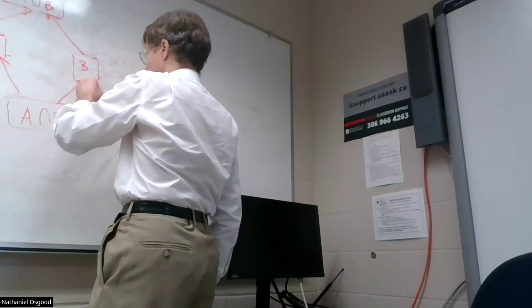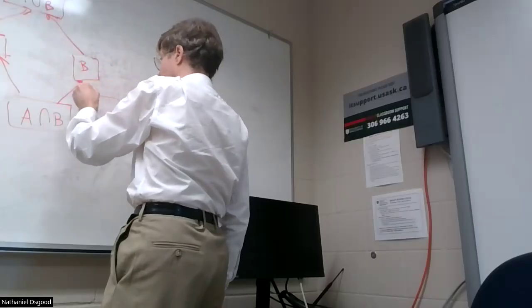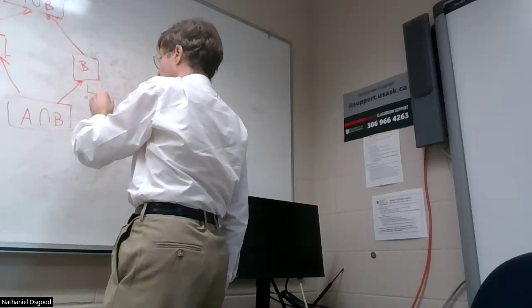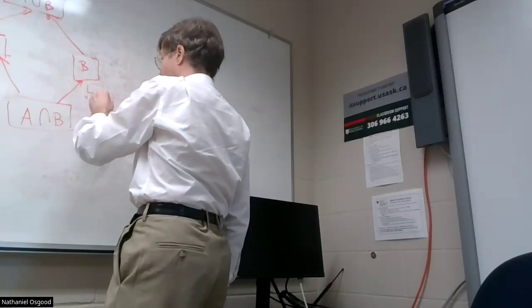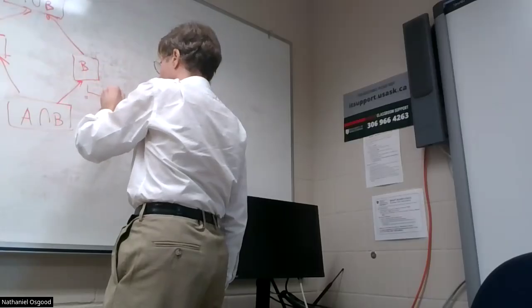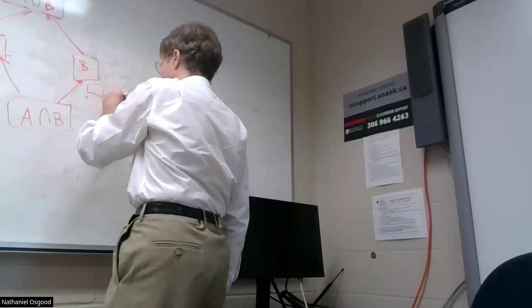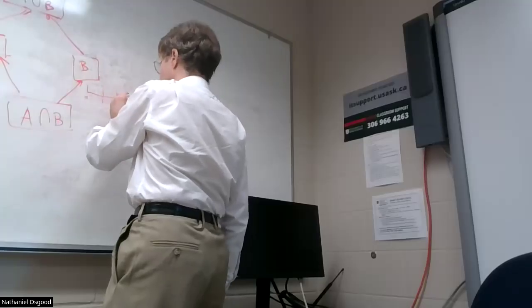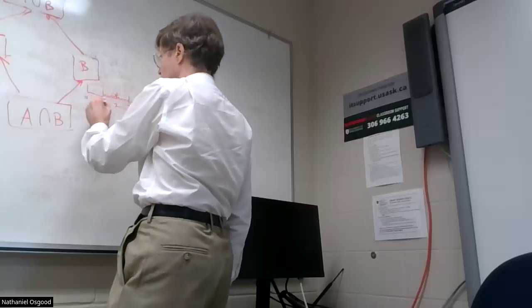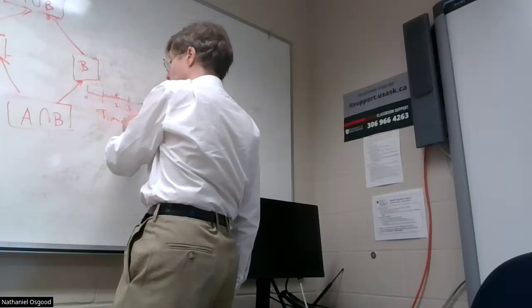So maybe we have a scale of time. This is 0. Maybe this one reflects times from, let's say, 1 to 3 here. So this will capture data from time 1 to time 3. This is time here.